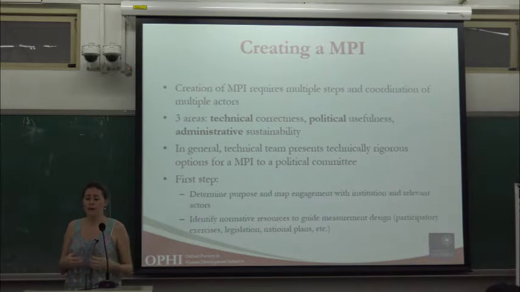It's not just one particular group of people. It usually involves people at the very high political level, like a minister, the president, or secretaries of different ministries, the head of the Institute of Statistics. But it also includes a lot of technicians, a lot of statisticians. It includes a lot of people from civil society, like citizens that are involved in the discussions and in participatory processes.